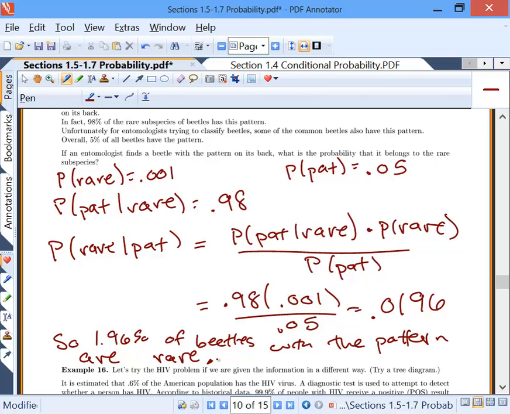Just finding the pattern ends up not being the best indication of whether or not they are rare. Questions at this point on Bayes' theorem?